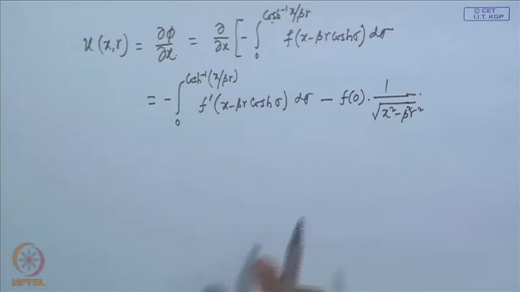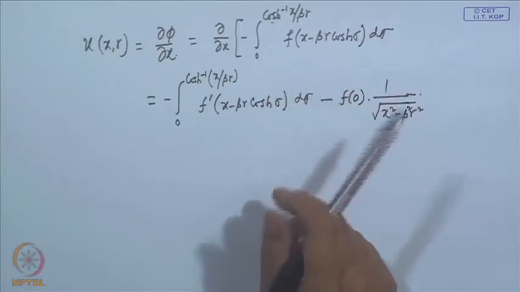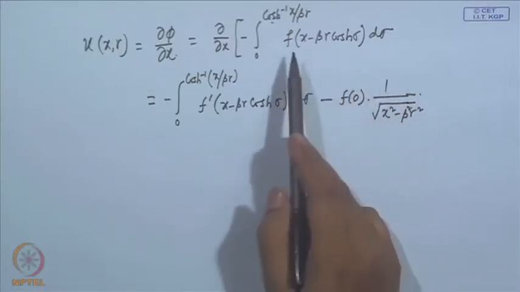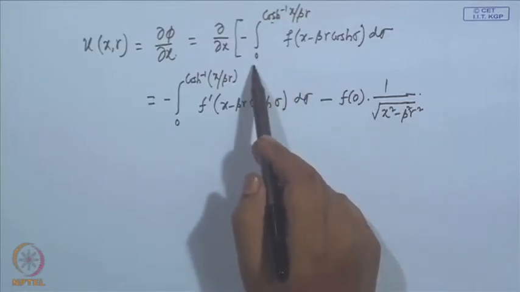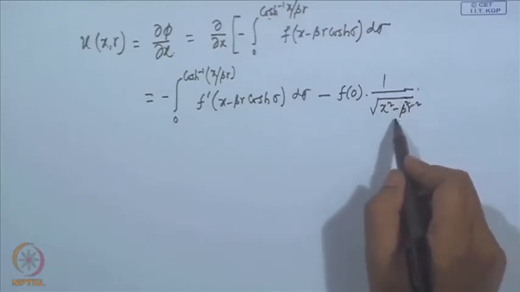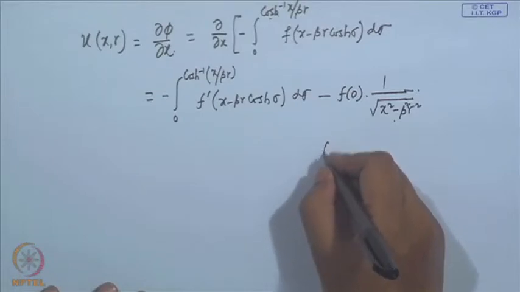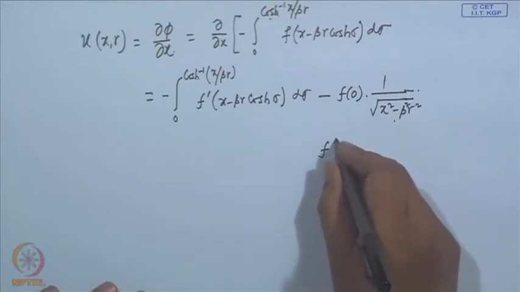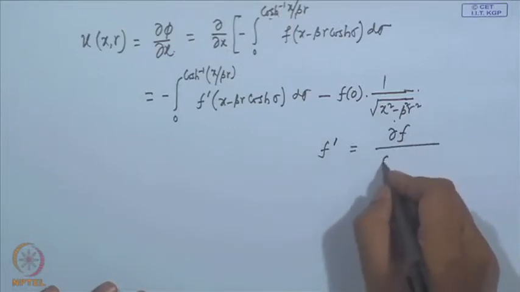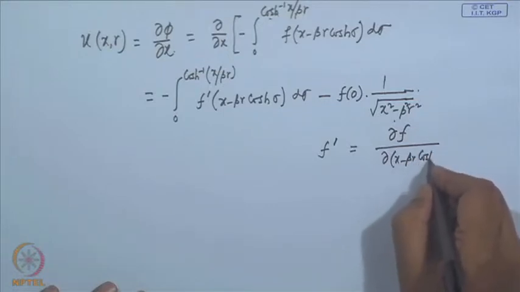In this case only the upper limit is variable, and the term comes as the function at the lower limit and derivative of the upper limit. So, this is it, and as I mentioned, this f prime here denotes differentiated with respect to x minus beta r cos hyperbolic sigma.